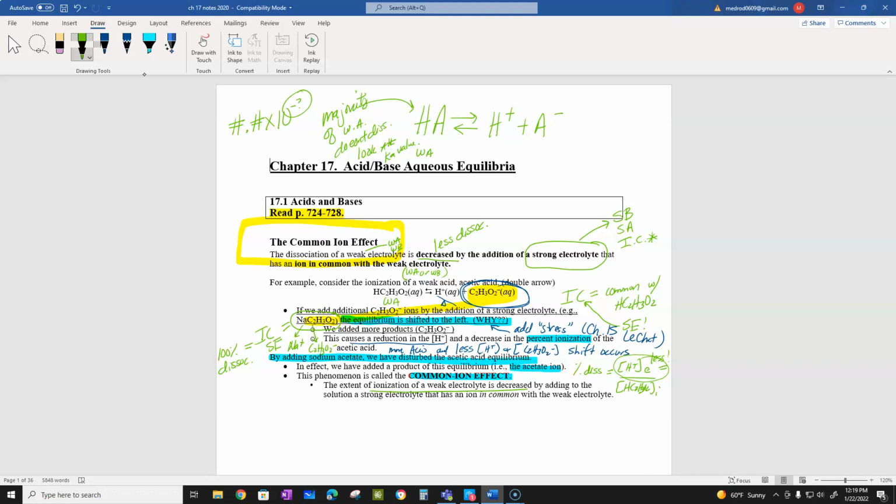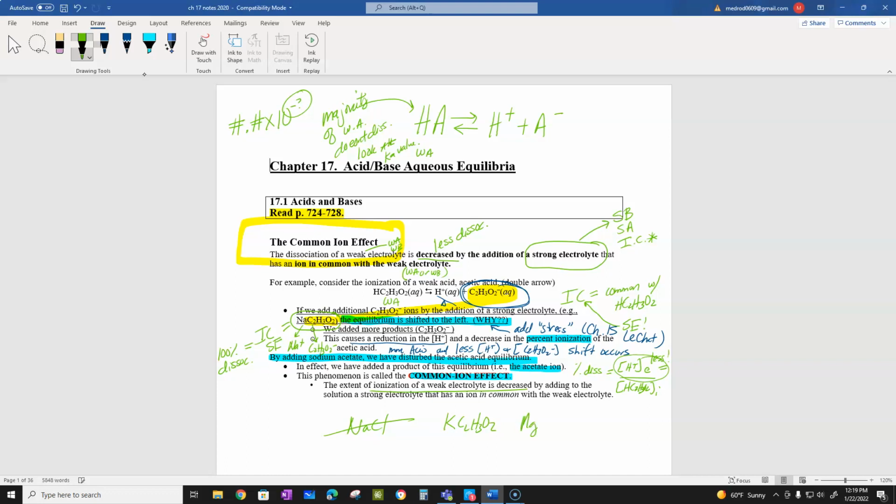common ion. Now, I can't just add any salt that I want. I have to have a salt that's only in common with that anion. So I couldn't add something like sodium chloride. I don't have any sodium in here, and I don't have any chlorine. Let's see, I could have added maybe potassium acetate.